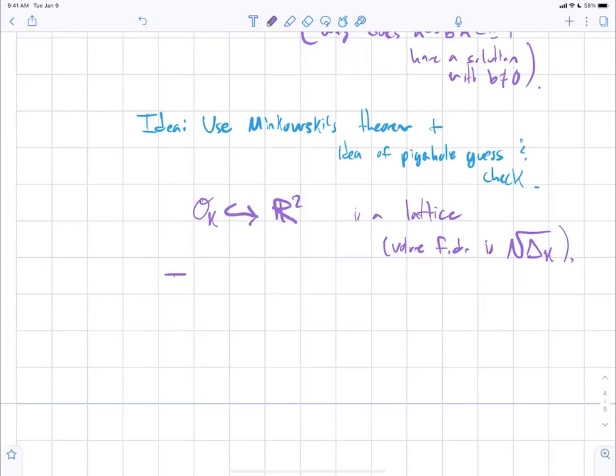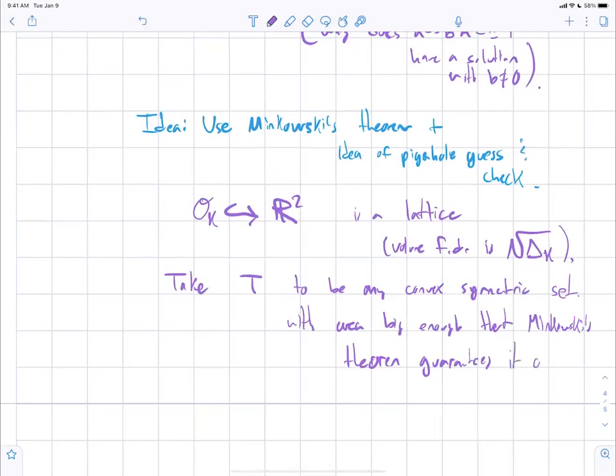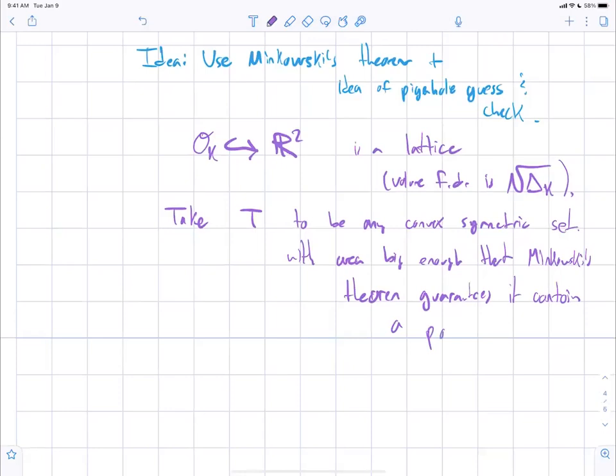Let me take T to be any convex symmetric subset, with big enough area, that Minkowski's theorem guarantees it contains a point in O_K.